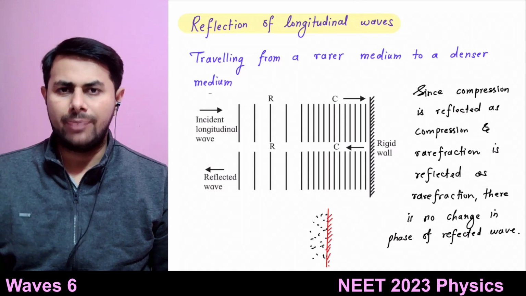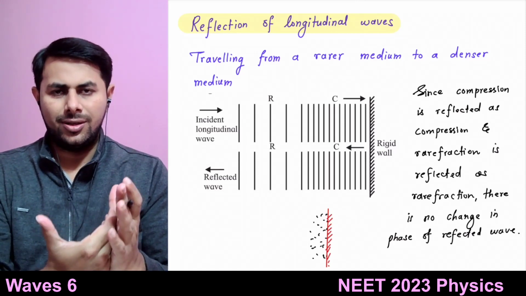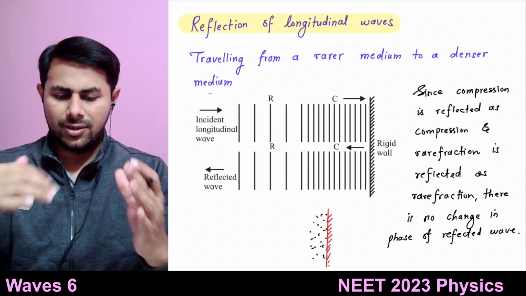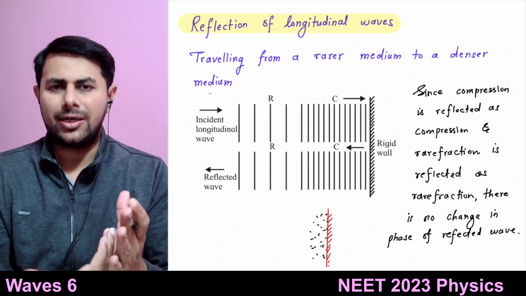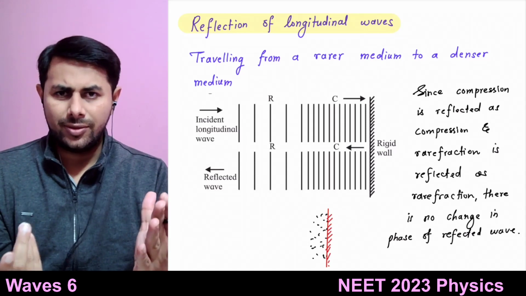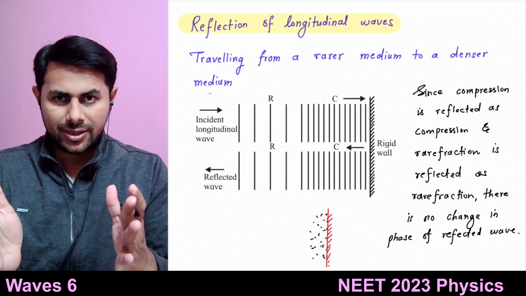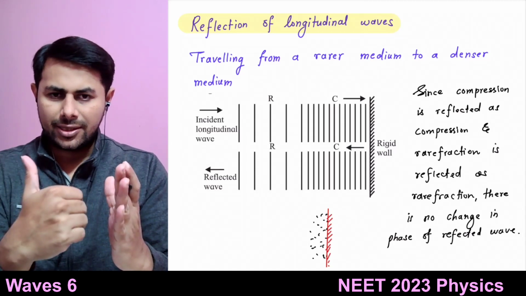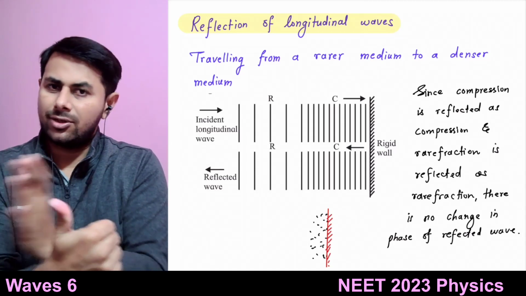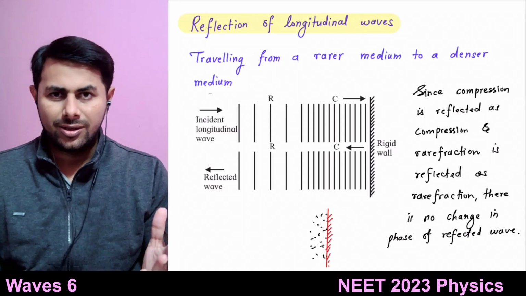Now imagine what will happen when a rarefaction hits the rigid wall. In that case, a rarefaction has fewer particles, so fewer particles hit the rigid wall. These particles are already going away from each other. They hit the wall, the other particles are going away, and these particles get reflected from the wall.